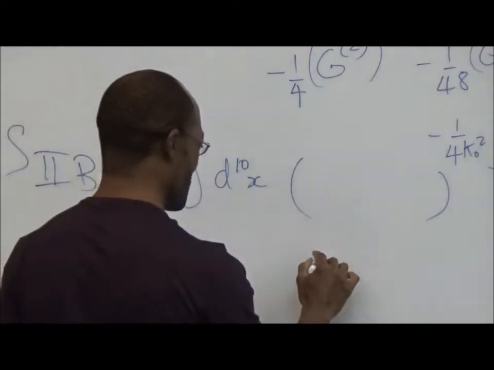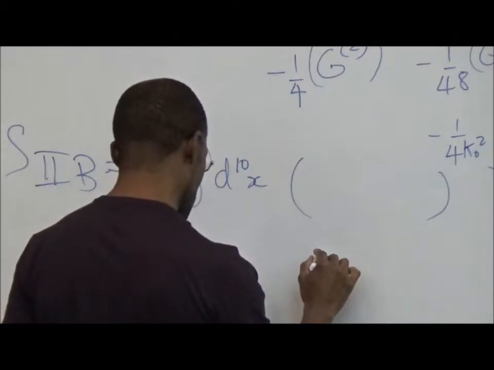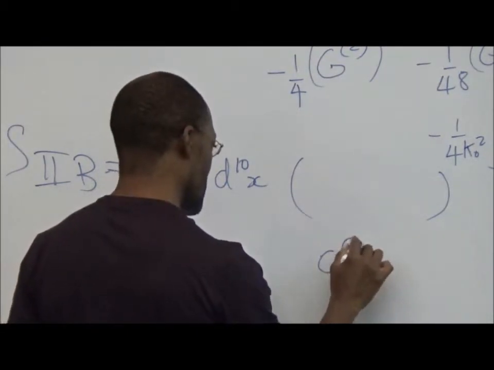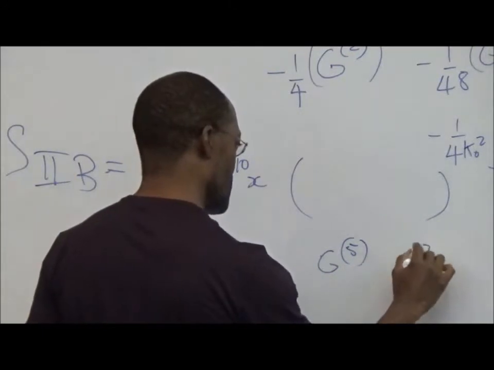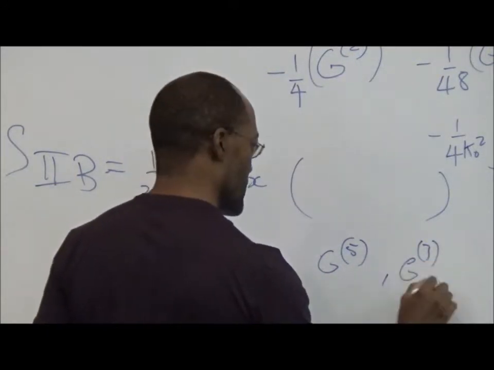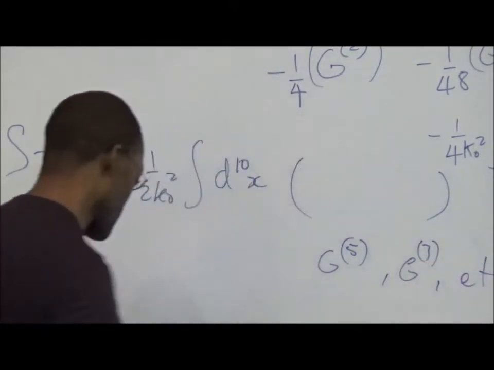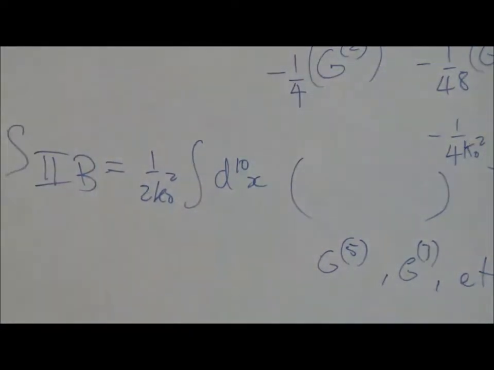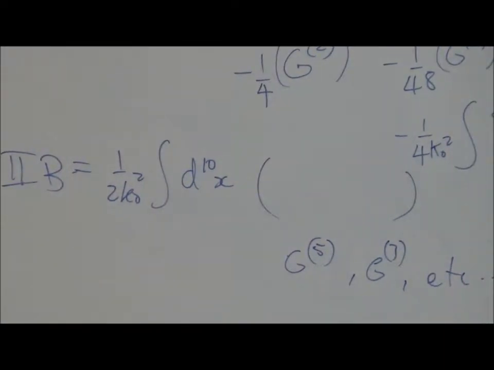I'll just say there are things involving G5, G3, etc. Forgive me, I could write a whole bunch of stuff down, but why do that? We're not going to need it.